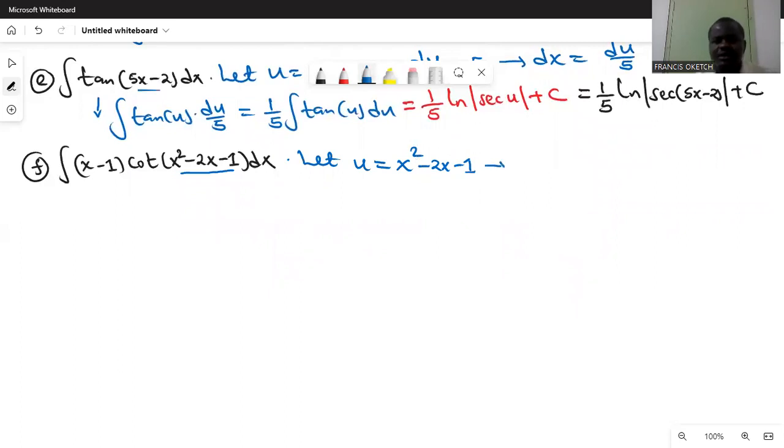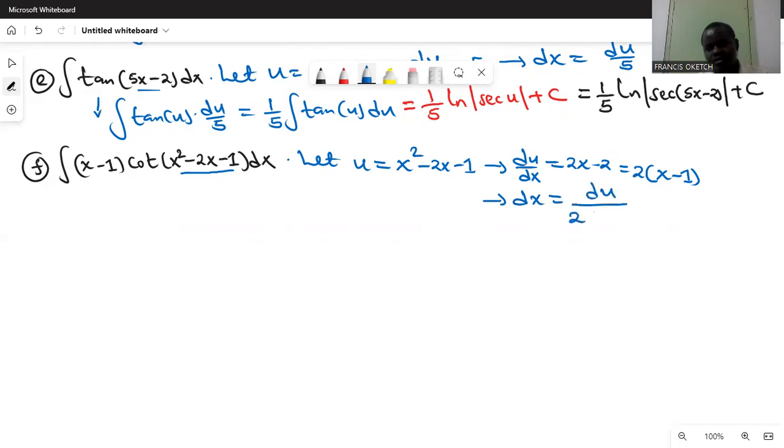This means du dx, that will give us 2x minus 2, which you can also write as 2 times x minus 1. So make dx the subject. So this means that dx will be equal to du over 2 into x minus 1.